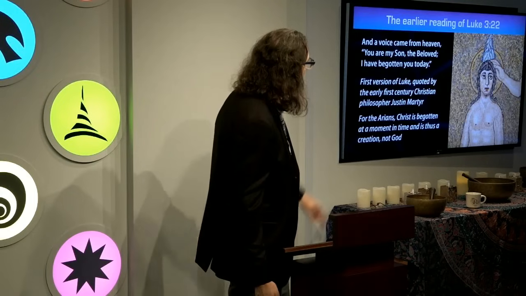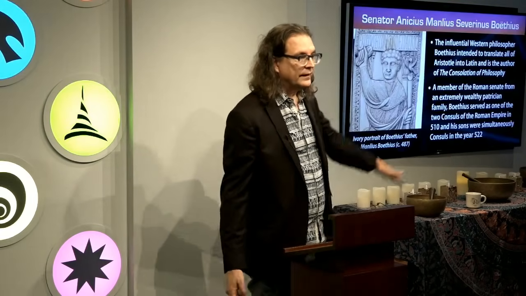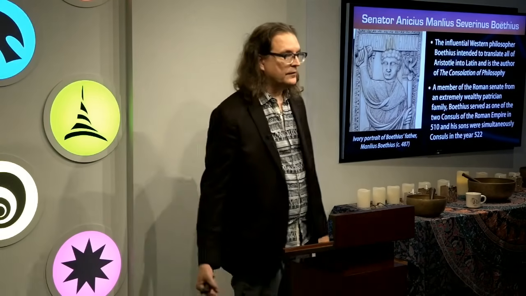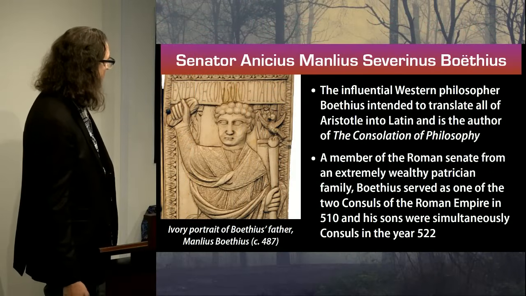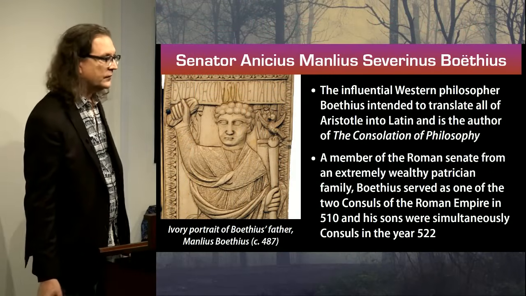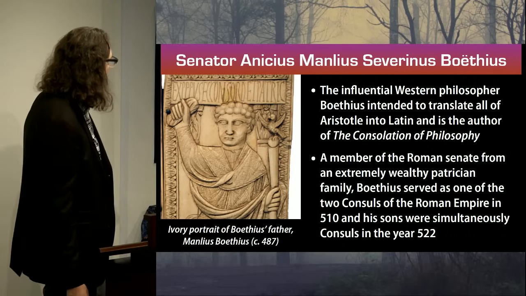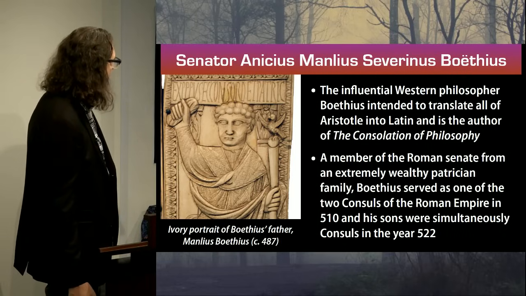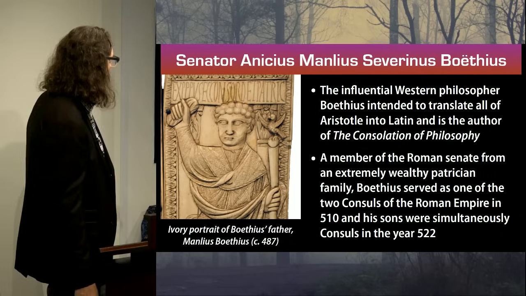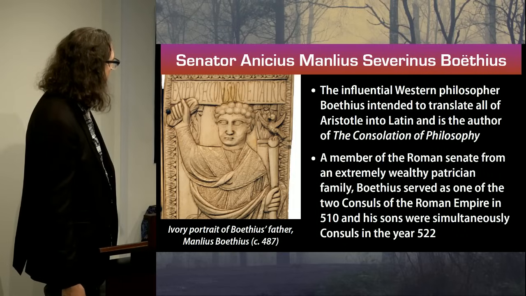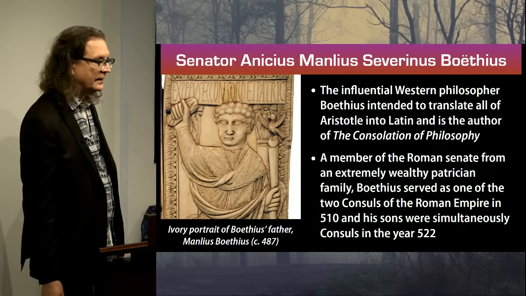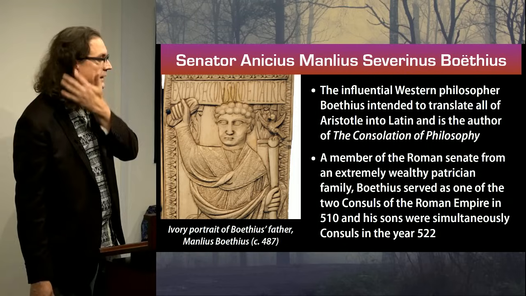Okay, so we've looked at all this. I want to look at a couple people on the ground. We talked about the senatorial aristocracy. We had last year a whole lecture on the Consolation of Philosophy, which is one of the most important books in Western literature. So this guy, Boethius, is from this exact time period. He's the author of that. He's an influential Western philosopher, Christian philosopher, whose goal is to translate actually all of Aristotle into Latin.